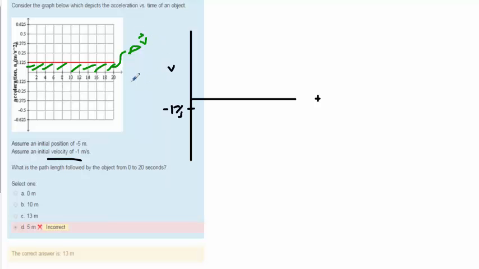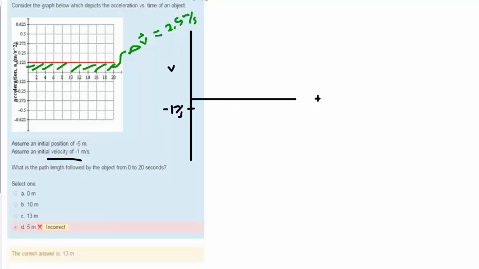All right, so calculating that is just doing base times height, so I can do 0.25 times 20. I get a total change in velocity of 2.5 meters per second. So what does that mean?